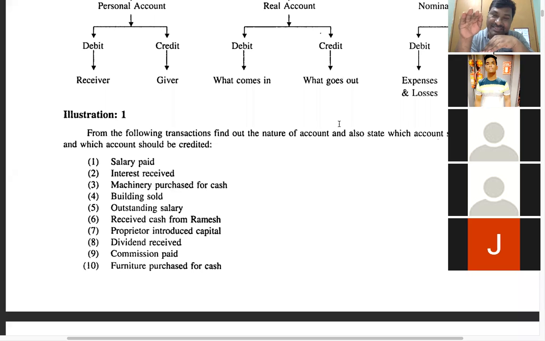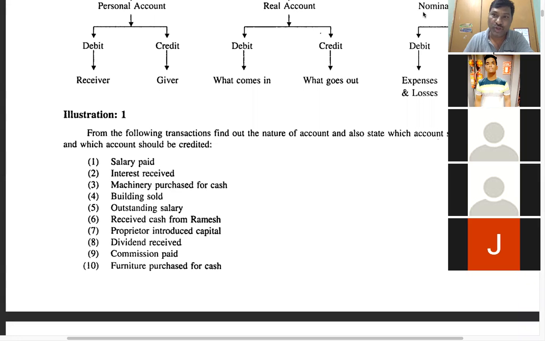Interest is expense. Okay. I'm sorry, interest is received now. When it is received, it is income. If it is paid, it is expense. So it is received, it is income. So interest income comes to nominal account.